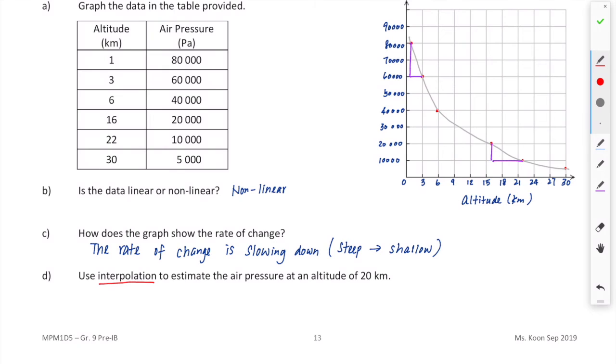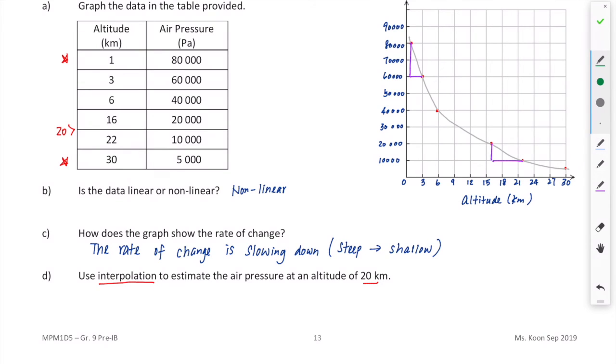Because 20 kilometers is between 1 and 30 kilometers in altitude, so it's somewhere here between 16 and 22, we say that we use interpolation to make this estimation.